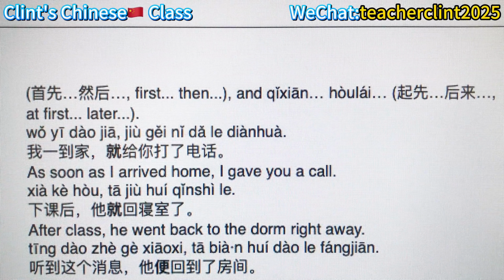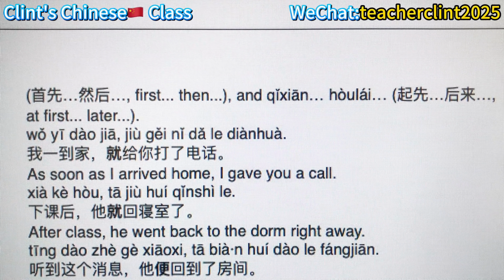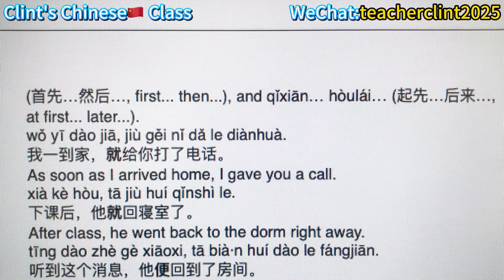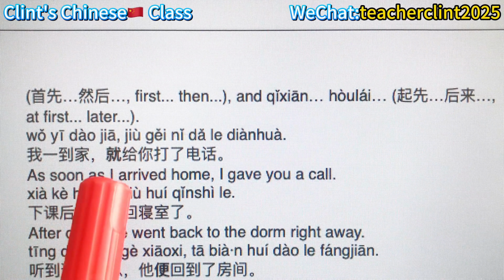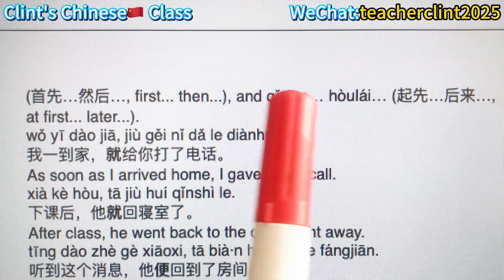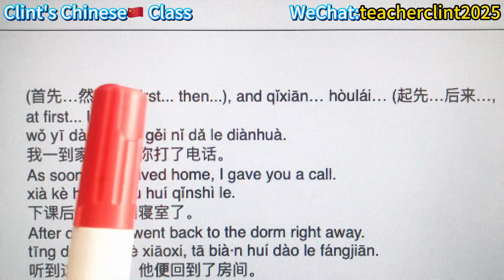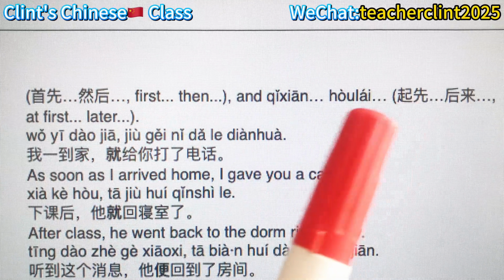Remember these are just coordinating conjunctions similar with the English fanboys or those relative conjunctions like not only but also, right? Neither nor, either or.